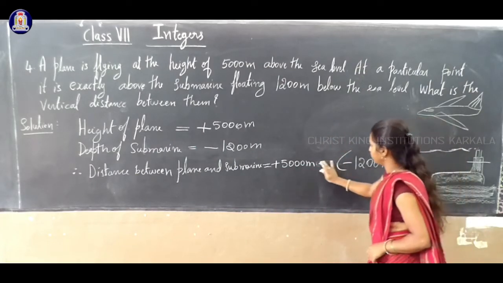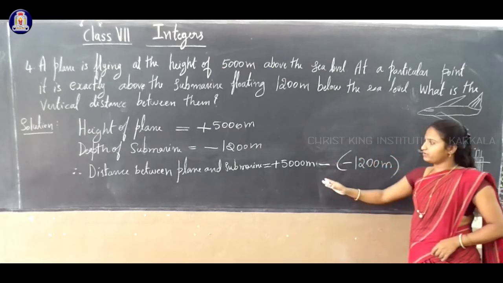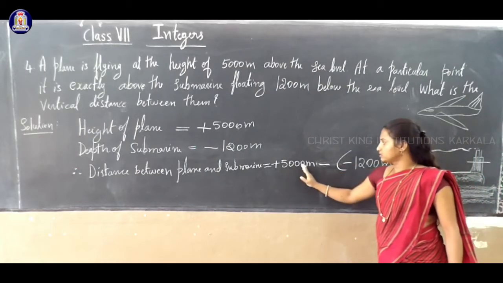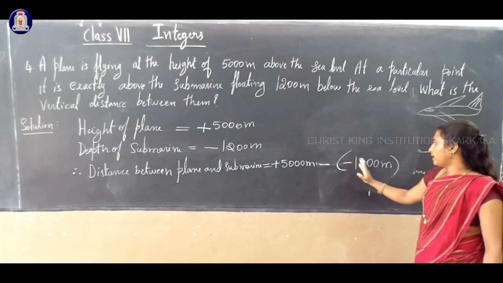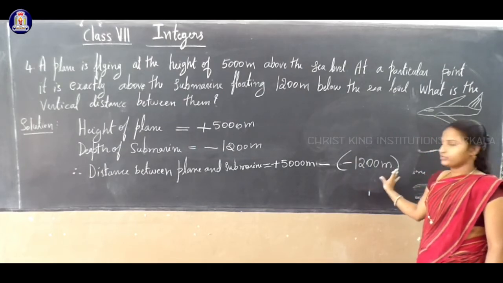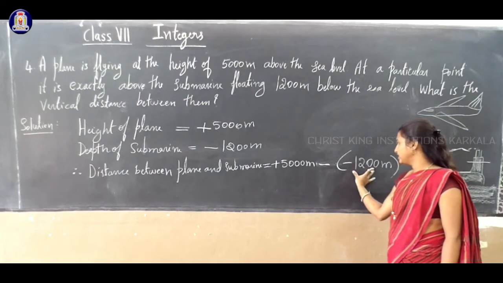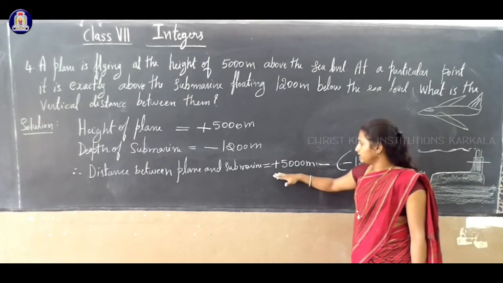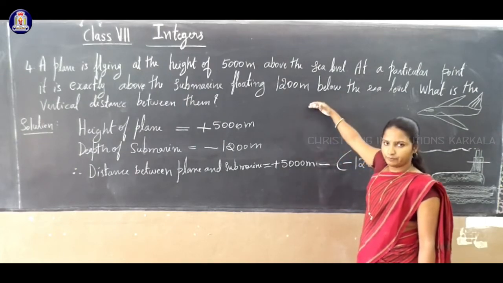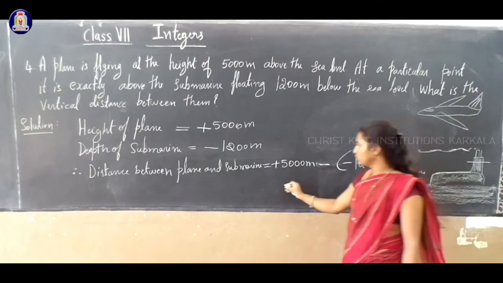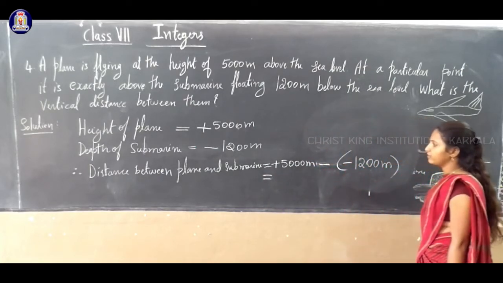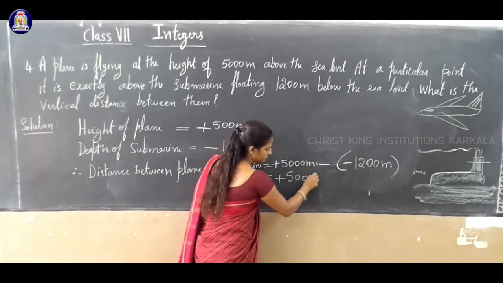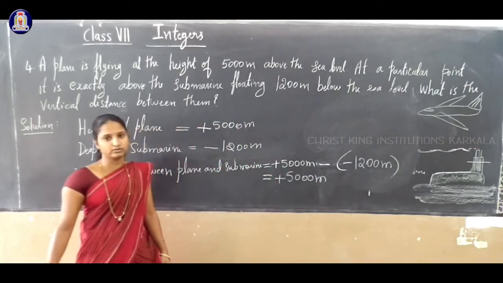So why this minus? We are finding the distance between the plane and the submarine, so we have to subtract minus 1200 meter from plus 5000 meter. This is the distance from the sea level, minus 1200 meter, and above the sea level, the distance from the sea level to the plane is 5000 meter, right? So the distance between the plane and the submarine is plus 5000 meter minus of minus 1200 meter.